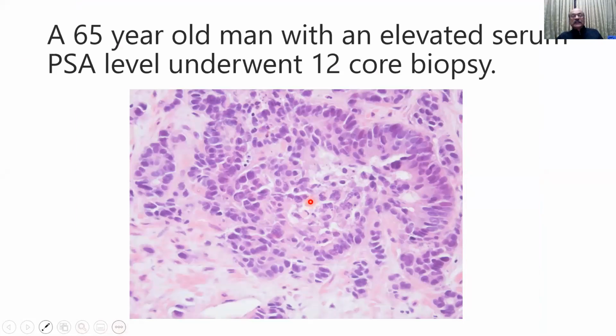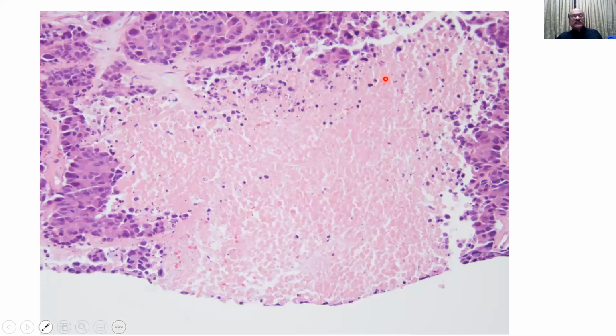Now this is our next case, a 65-year-old man with an elevated serum PSA level who underwent a 12-core biopsy. This is a glandular architecture. Here also there is extensive tumor necrosis.